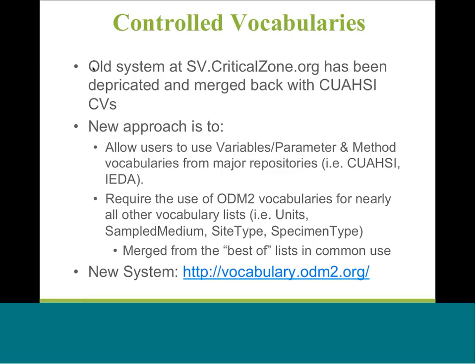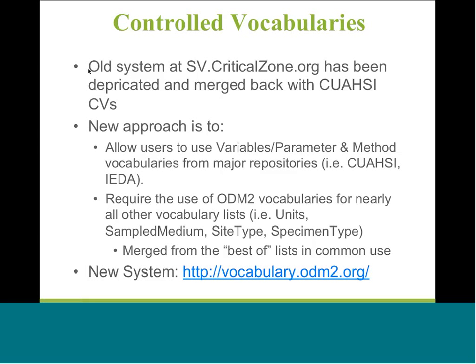All right. So I thought I was going to show this in stages, but I guess the first bullet point is that we made a decision in the spring in concert with the CZOData IMC that we were going to basically deprecate the old shared vocabulary system at sv.criticalism.org.